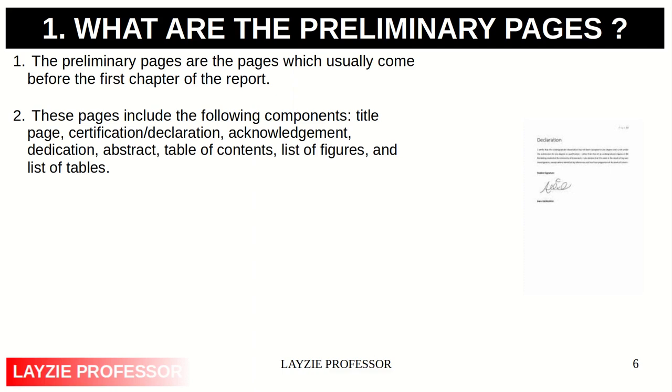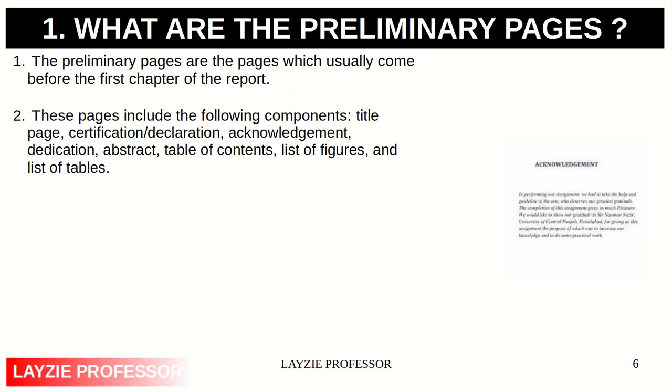So this kind of declaration would have to be there, and you sign against your name. Your supervisors will also sign. Typically the head of the academic department you are in at your university will also sign their part.